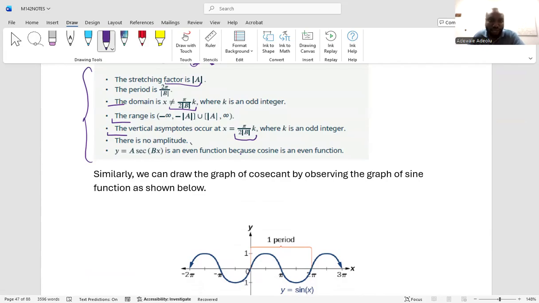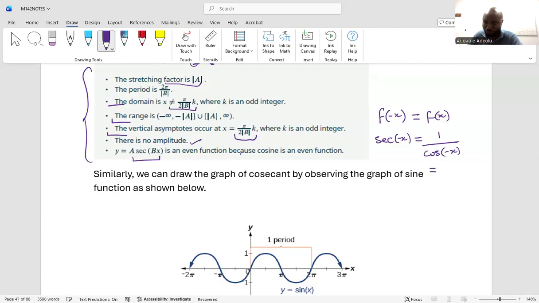Like I said, there is no amplitude, and this function secant is an even function because cosine is an even function. Quickly, let us see that. For an even function, we have shown before that f of negative x equals f of x. Let us see with secant of negative x. So secant of negative x will be 1 divided by cosine of negative x.